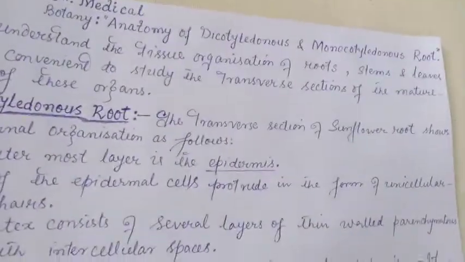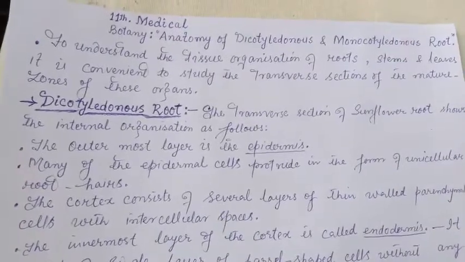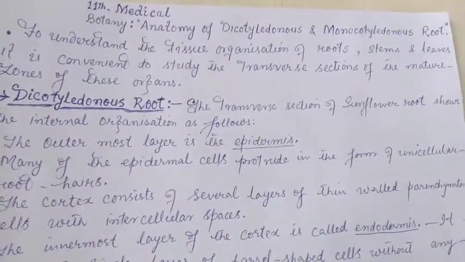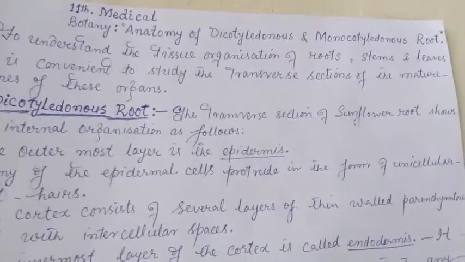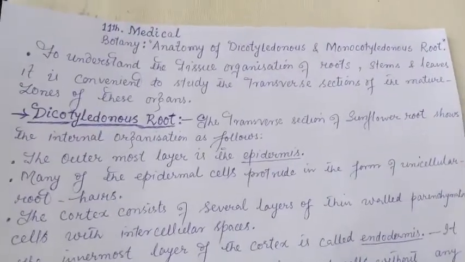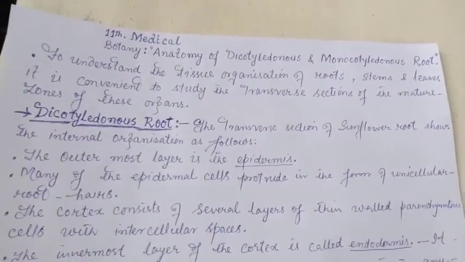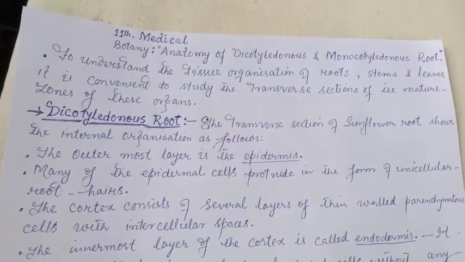The outermost layer is the epidermis, and many of the epidermal cells protrude in the form of unicellular root hairs.